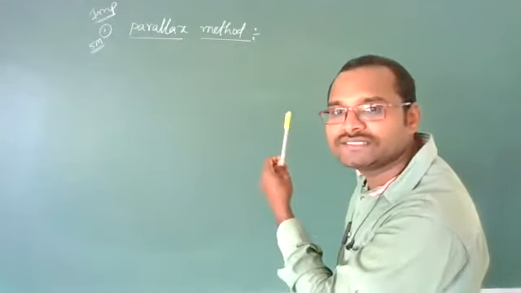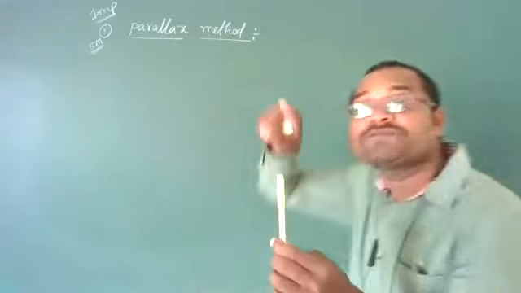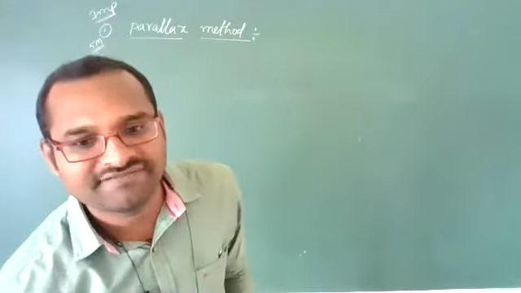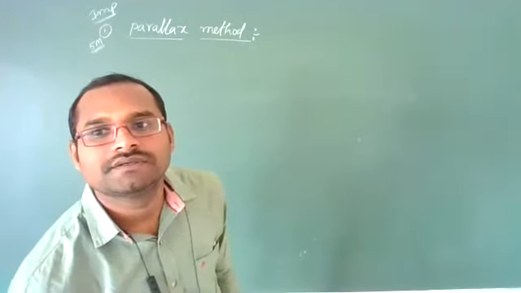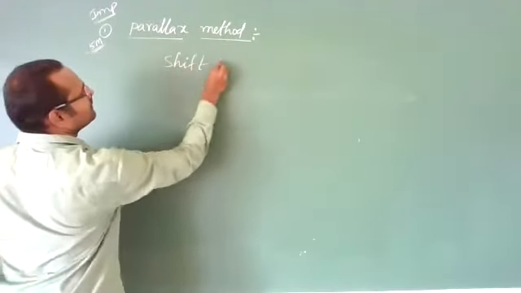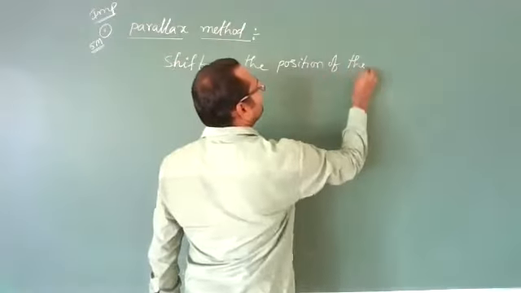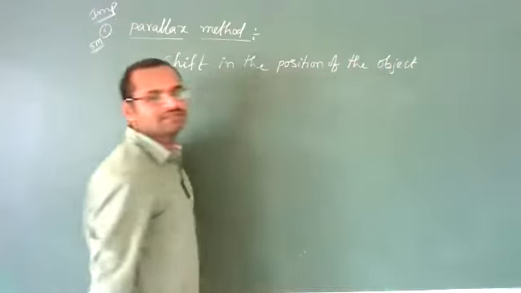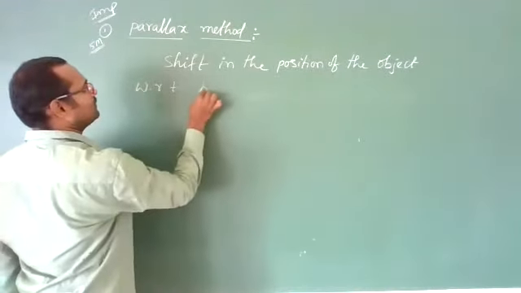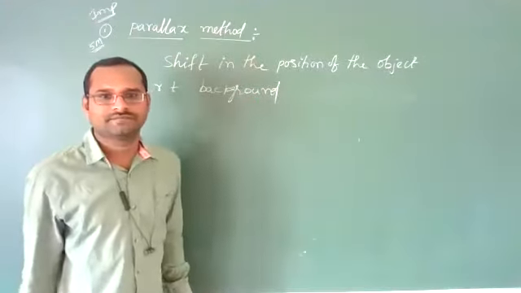So that shift in the position of the object with respect to the background is called parallax. Very important definition. Parallax means the shift in the position of the object with respect to the background, the reference frame.